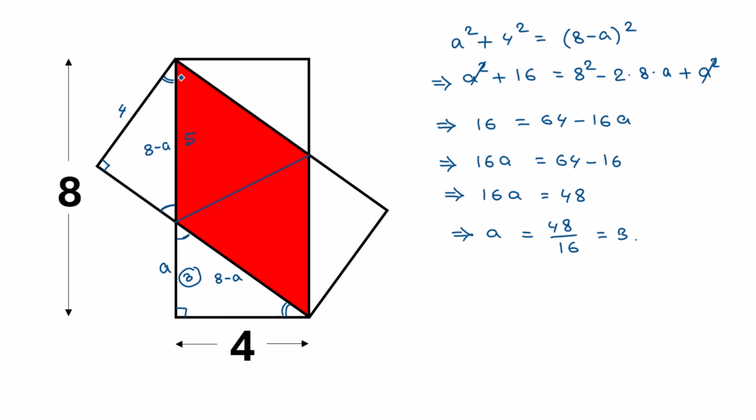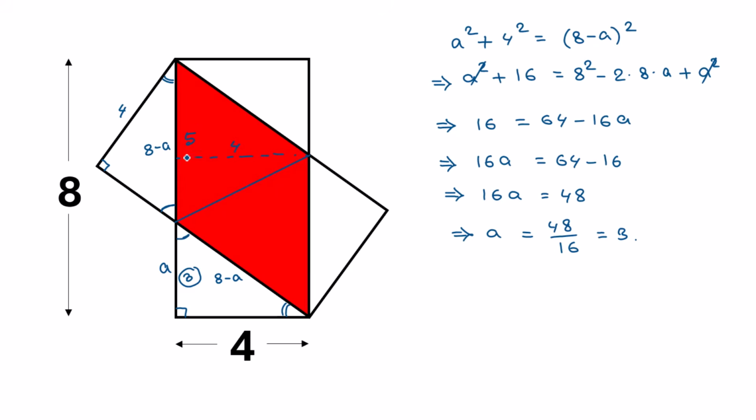Now focus on this triangle. The base of this triangle is 5 unit and the height of this triangle, this is same as this 4. So height is 4 unit.